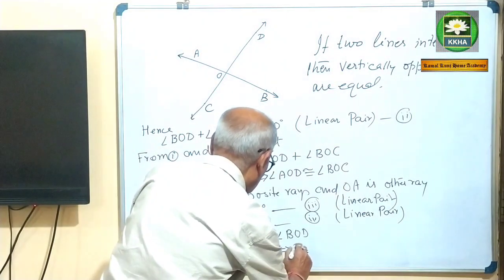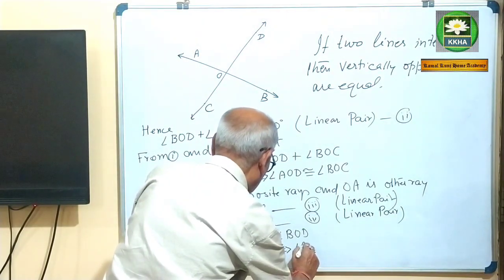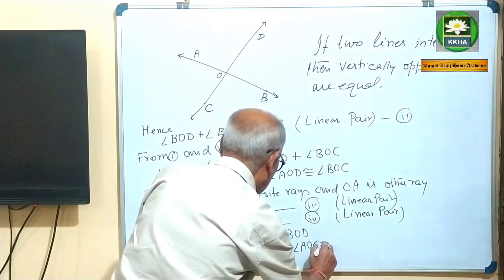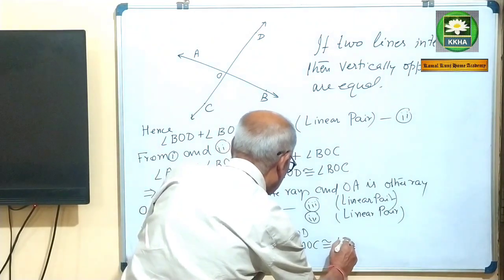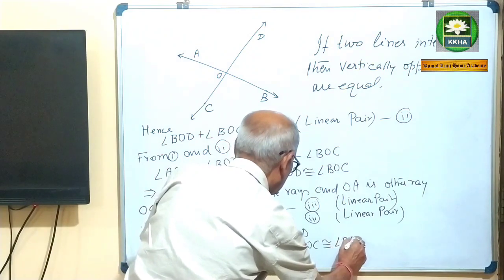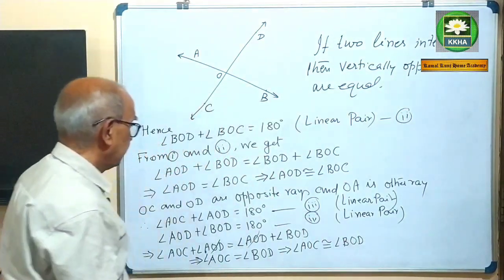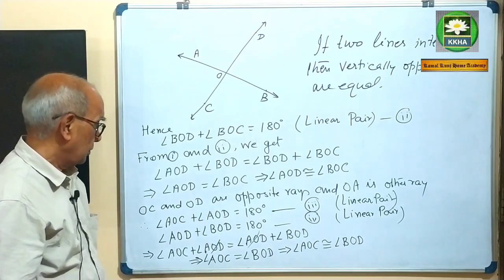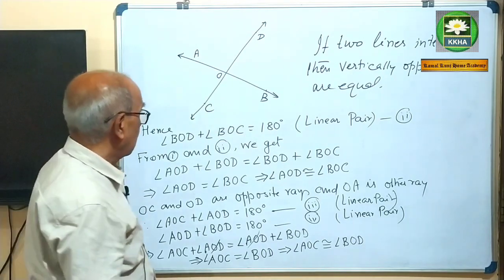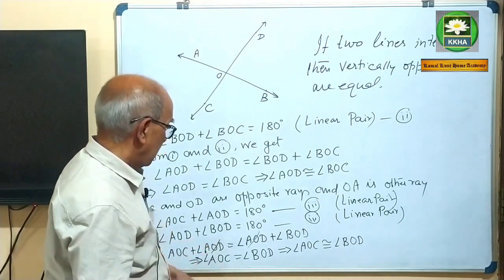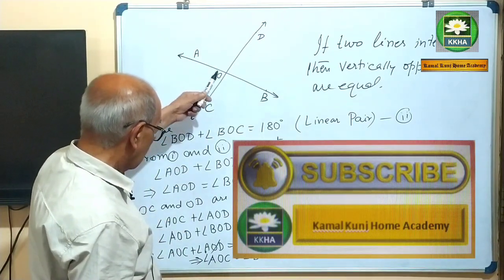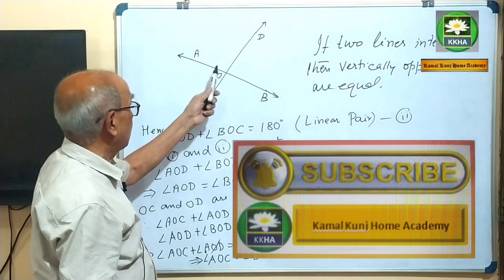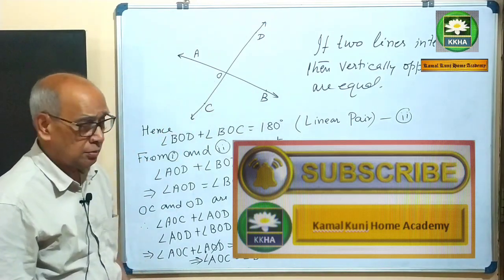This implies that angle AOC is congruent to angle BOD. Hence, both pairs of vertical angles have been proved to be equal.